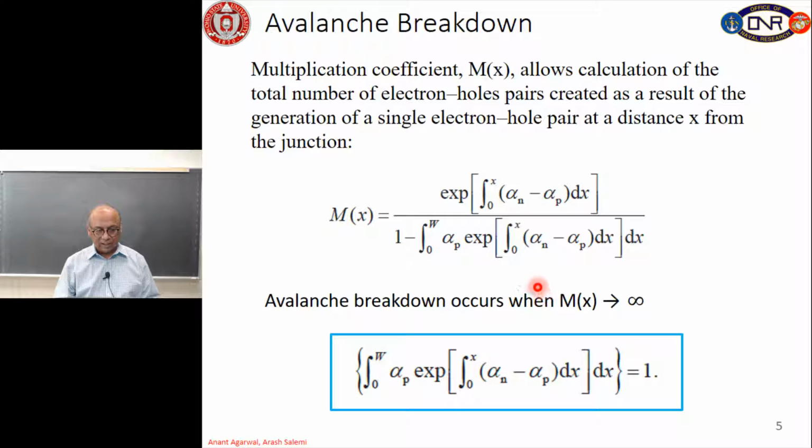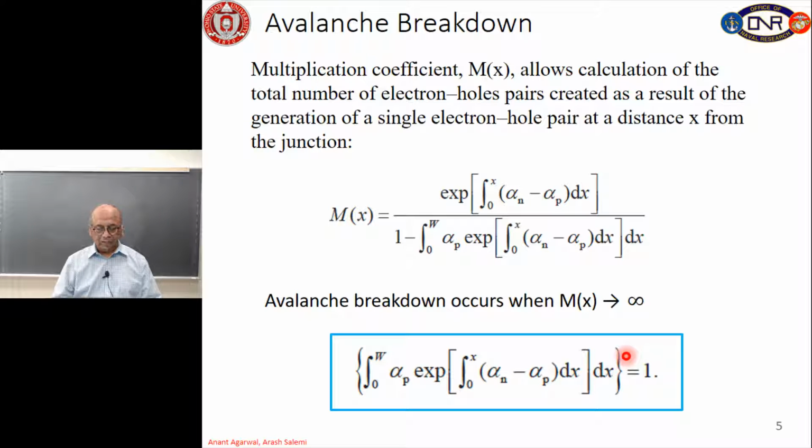So, naturally M(x) goes to infinity if the denominator, this part, goes to 1. So, this is the definition of avalanche breakdown, and this is the integral we have to do assuming we know alpha values as a function of electric field for a given material.